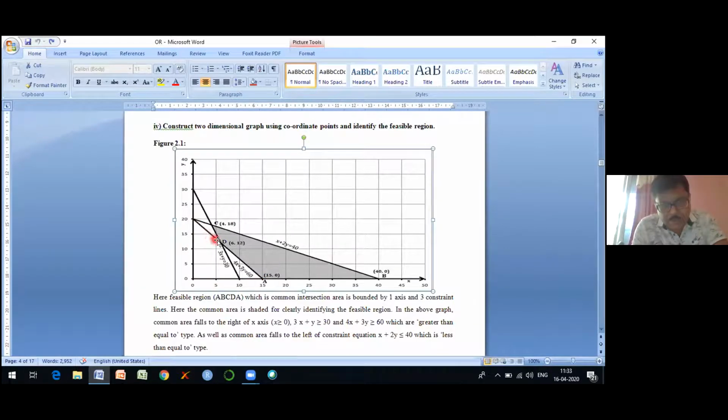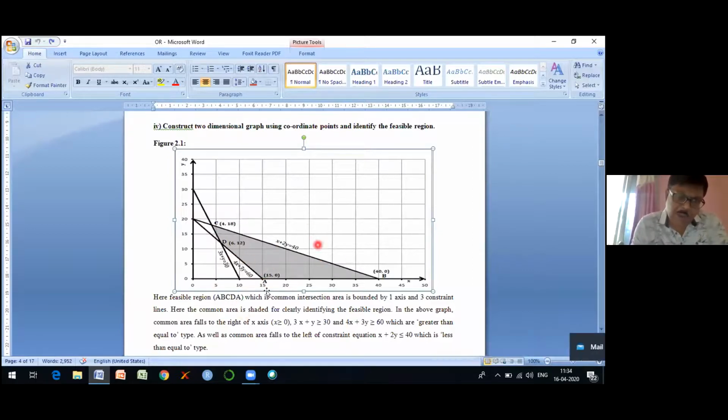So again we are getting another straight line, right? Another straight line. And here we have written 4x plus 3y equal to 60. So here you give another name, suppose A, E, right? This straight line.